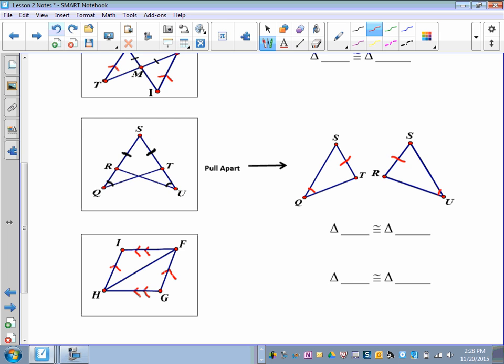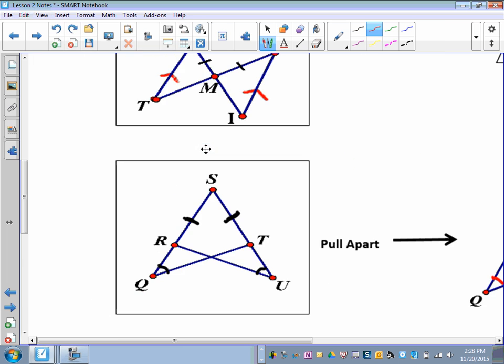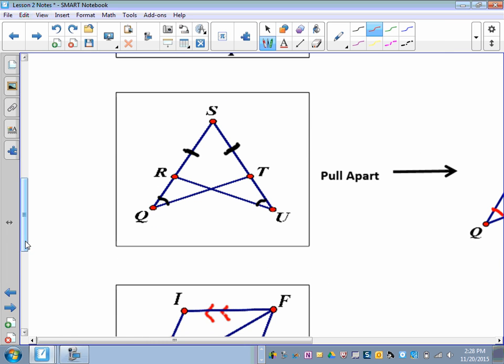Alright, guys. I gave those to you. Alright, I heard vertical angles, right? We've got some vertical angles. It forms a bow tie, that's what it is.